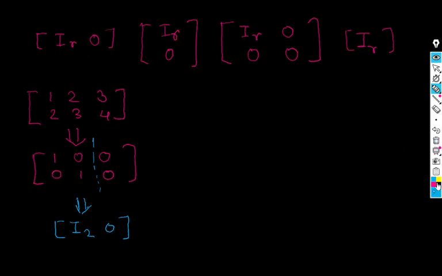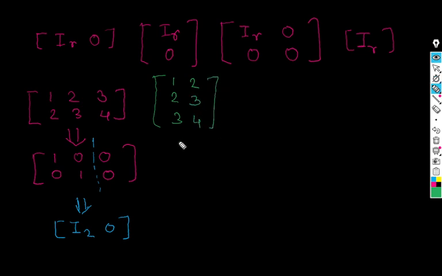If you come to the next example, the matrix is like this: 1, 2, 3, 2, 4, 6, something like this. I have a mistake here. Let me take 1, 2, 3 and 2, 3, 4, something like this.